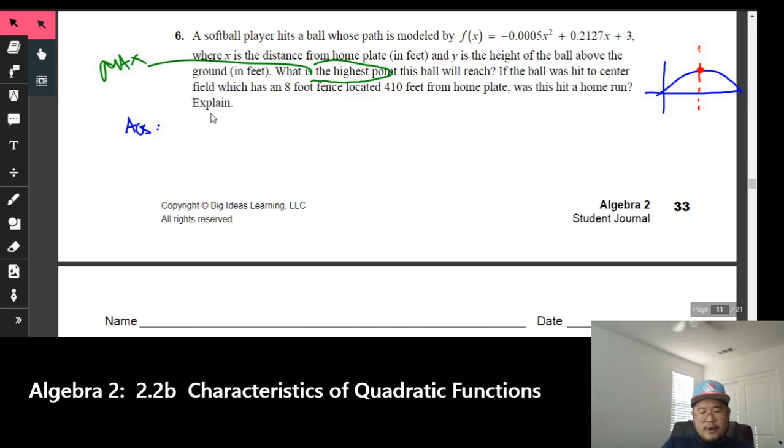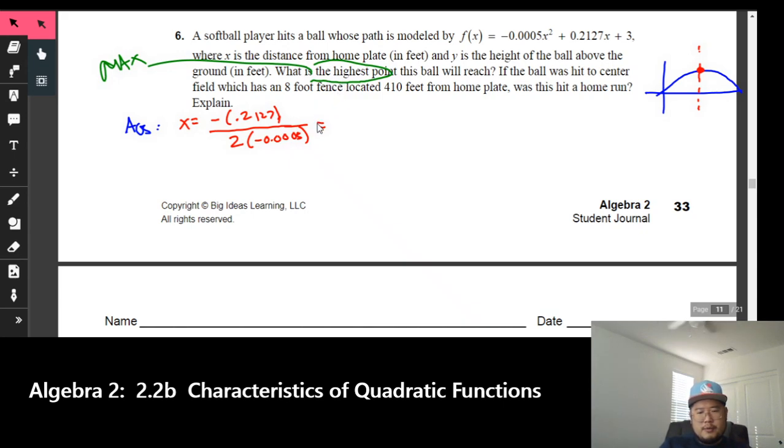So we'll start off with x is equal to negative b, and we have b term is 0.2127, all over 2 times a, which we have negative 0.0005. We go ahead and simplify that. Use your calculator.